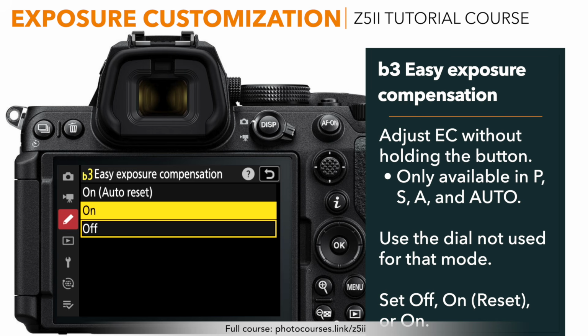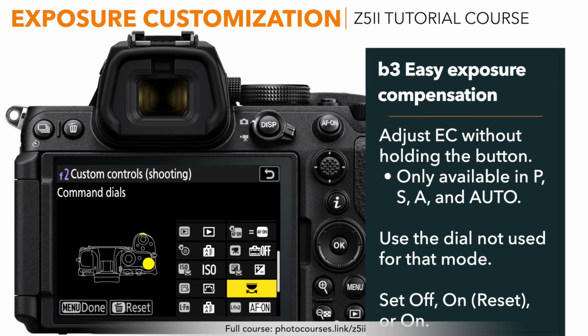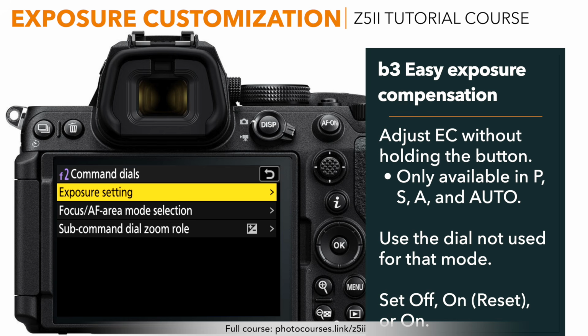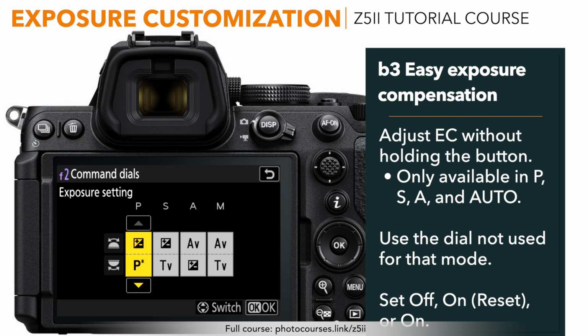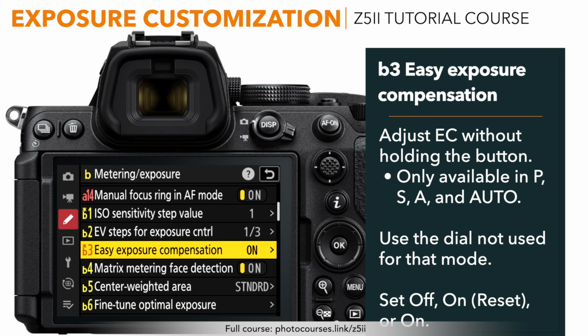And if you just want an easy way to see which command dial you use to change your exposure compensation, you can go to the Custom Settings F2 submenu and then go to Dials, and it's going to show you whether you use the sub command dial or the main command dial in each of the exposure modes. If you do want to use this feature, I'd recommend setting on so that it doesn't reset every time the power is cycled.